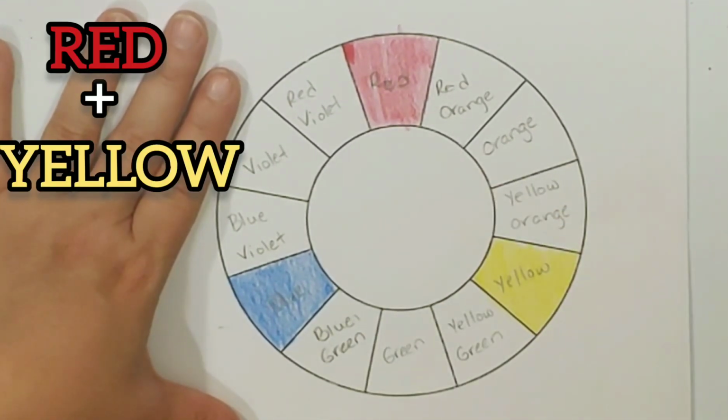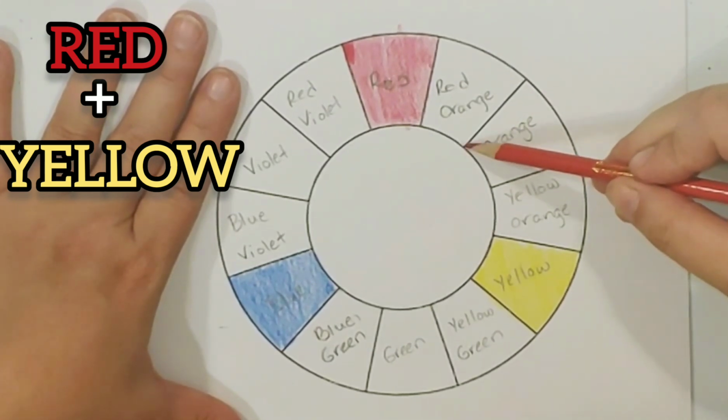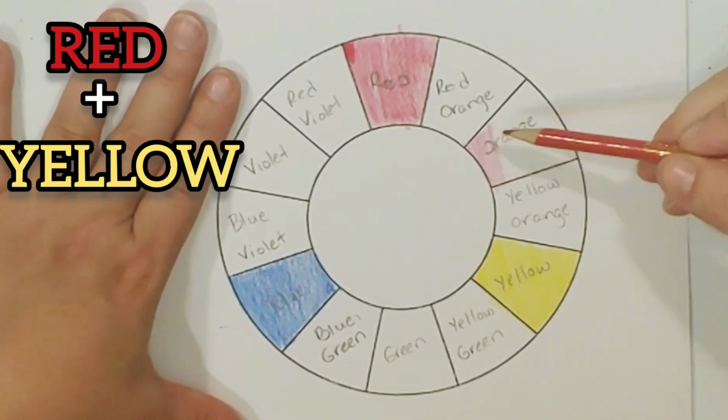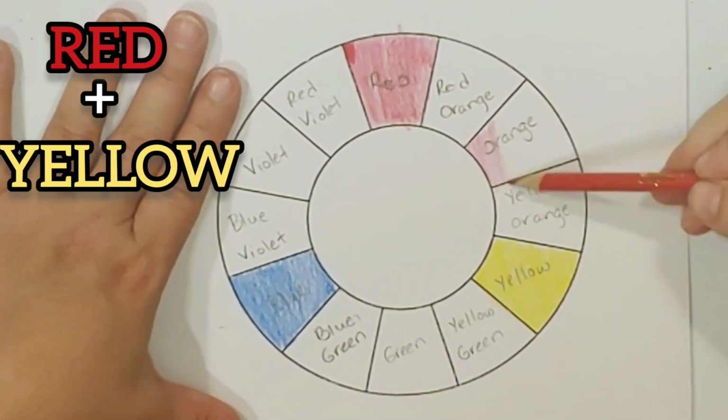Let's create our first secondary color, which is orange. We're going to start with red and then add our yellow.